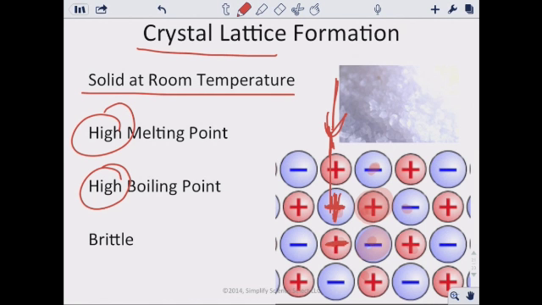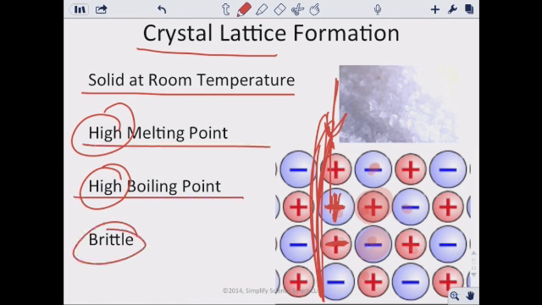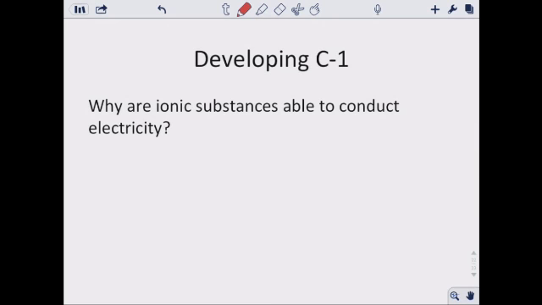That negative lines up with a negative, and so therefore you'll have a crack right here. And so therefore they're brittle. They do have high melting points, high boiling points, but they are brittle, and so you can kind of break them into pieces. But to break that bond in between them, to really break them apart and melt them or boil them, you have to put in a lot of energy.